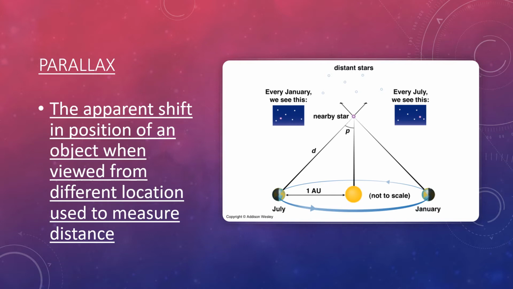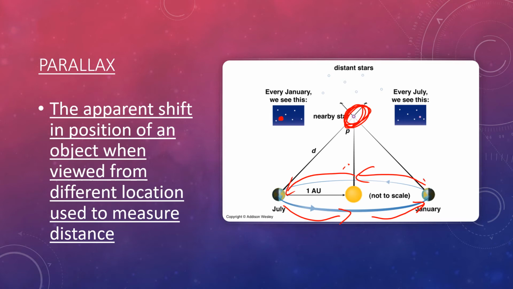in the night sky, the star doesn't move, but we are moving. So as we go around, when we're in this month, January, the star appears right here in the night sky.